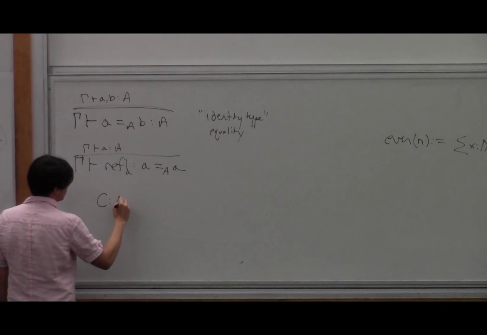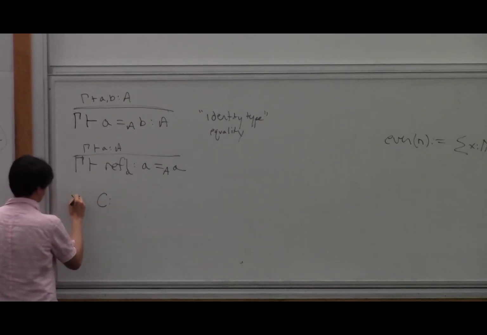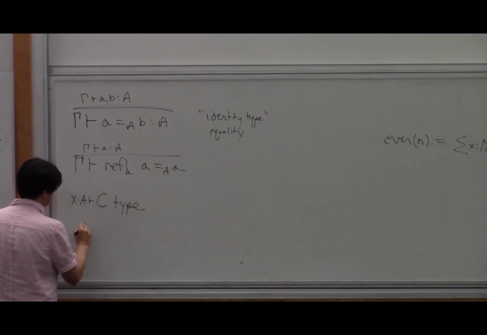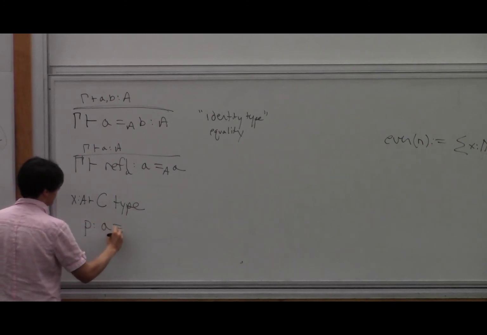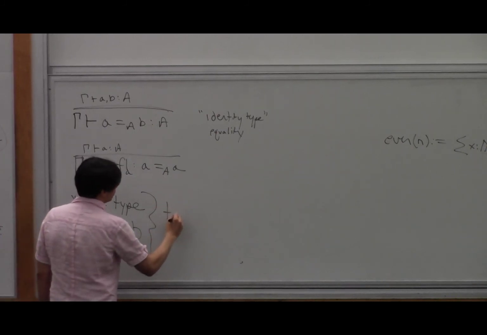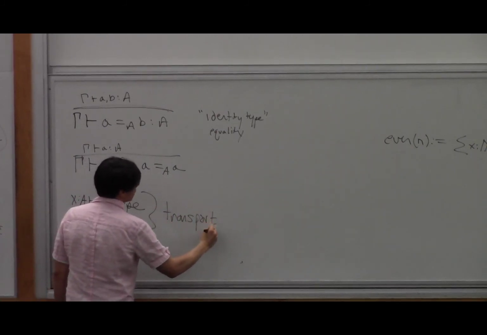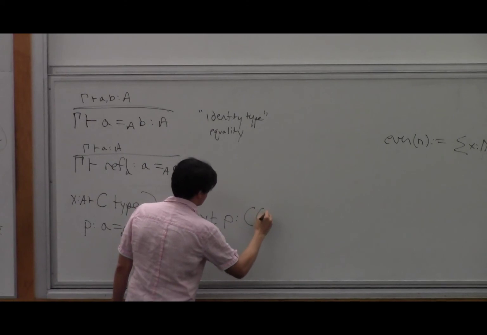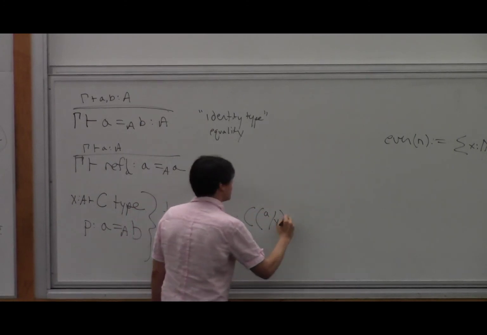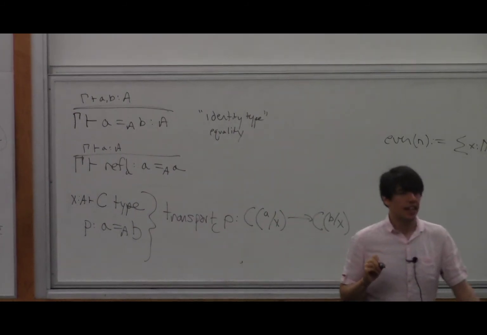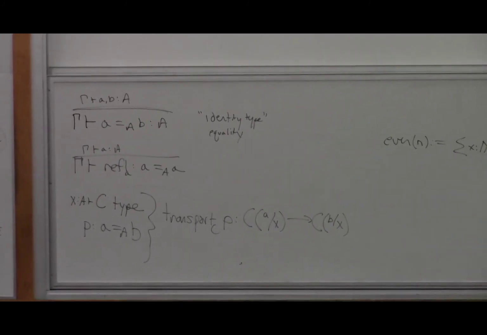Suppose we have C, which is dependent on x, and suppose we also have P, which says that A equals B. Then from this, we get a function called transporting in C along P, which says if you can get C for A, then you can get C for B.